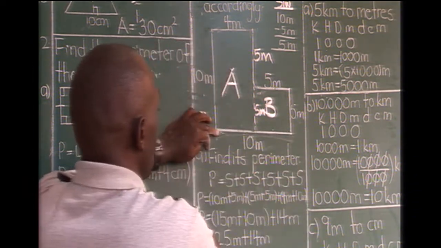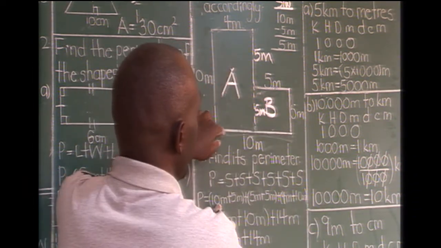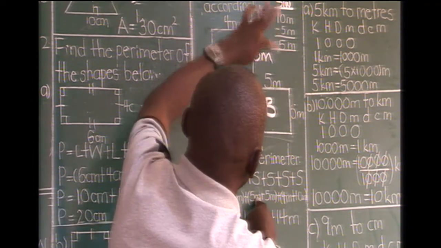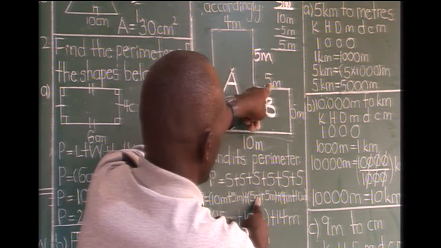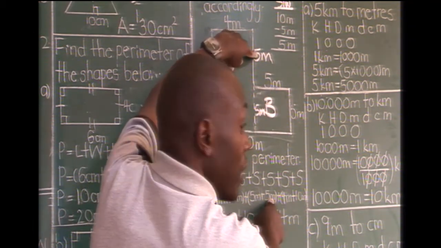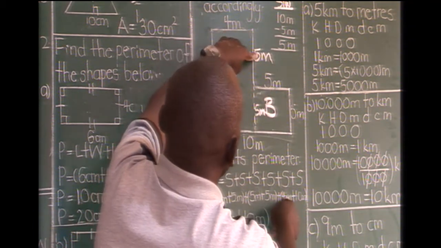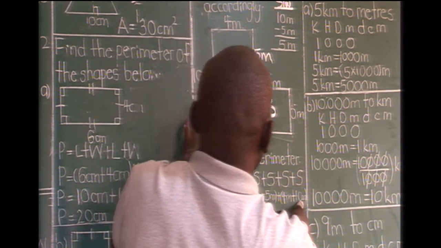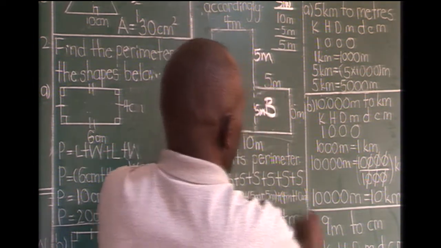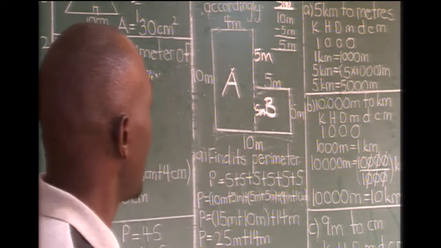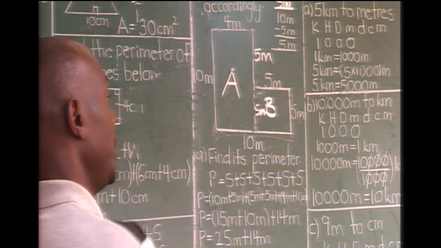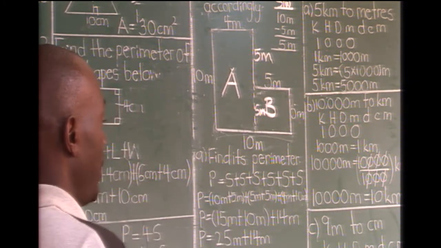So perimeter is equal to 10 meters, that's 10 here, then plus 5 meters, I'm moving around, plus another 5 meters, plus another 5 meters that have been hidden, then plus 4 meters. Then finally the journey is back from where we started, that is 10 meters.